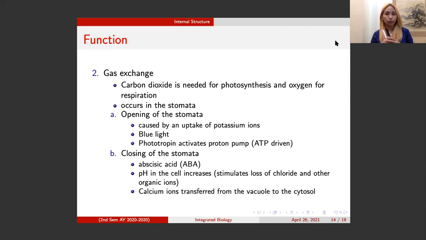Okay, and this is also done through the leaves, through the stomates. Now, the whole gas exchange idea is facilitated by the stomates. So the gas exchange, as is noted here, occurs in the stomates.